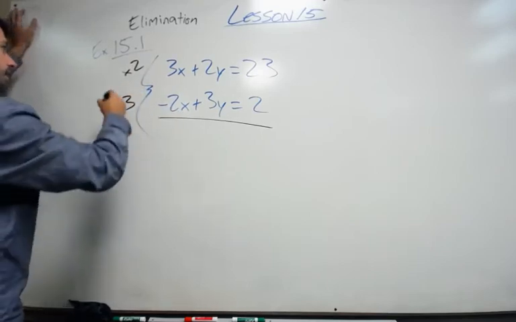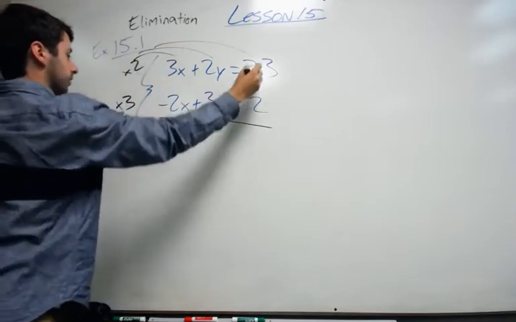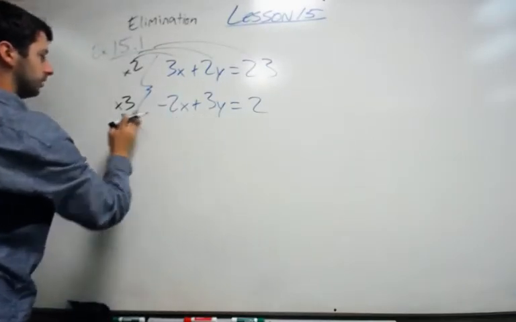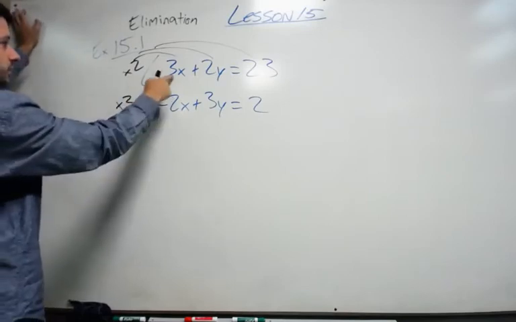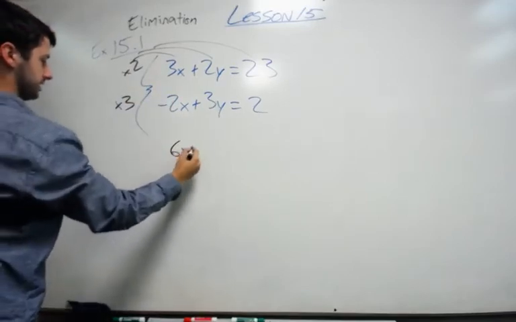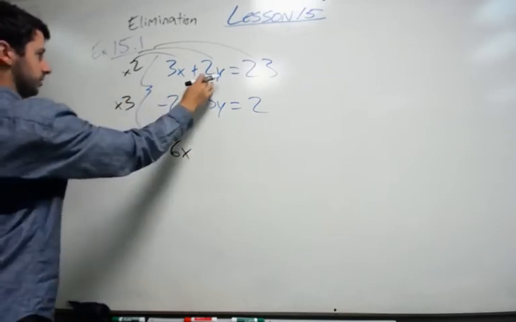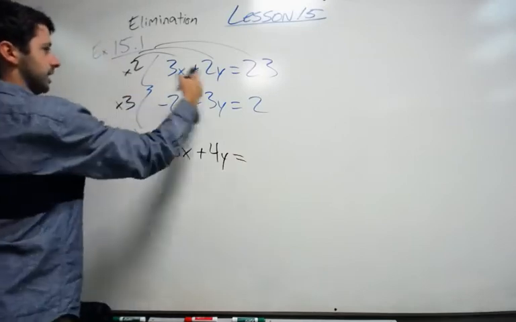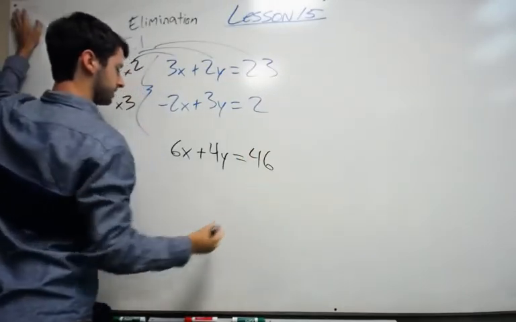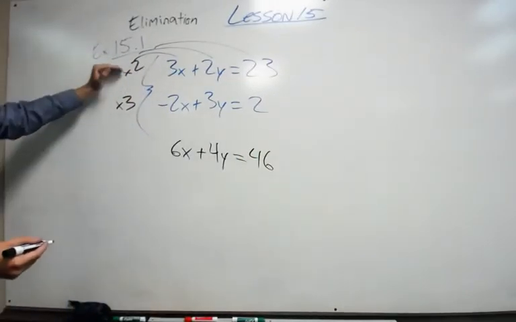Now I am distributing that to all three numbers here. So when I multiply by 2, it's 2 times 3x, that is 6x, 2 times 2y, that's 4y, 2 times 23, 46. So basically we've simply doubled the top, but it's the same thing.